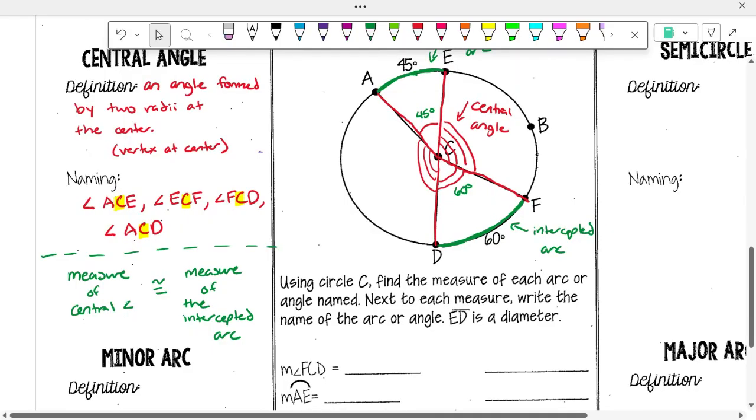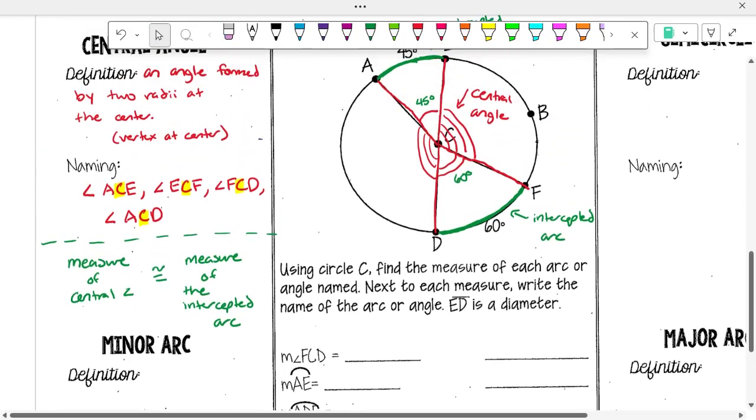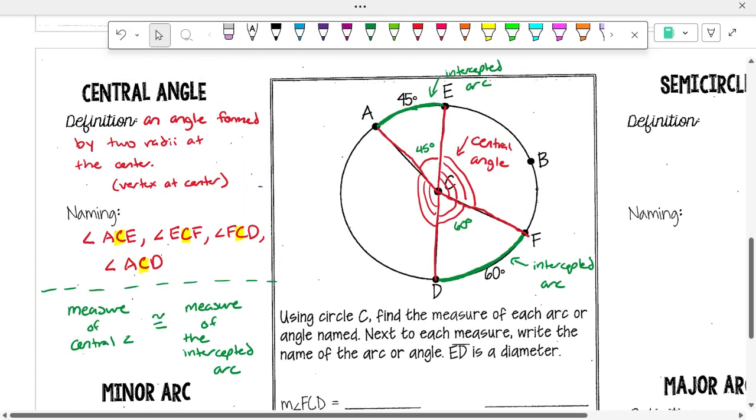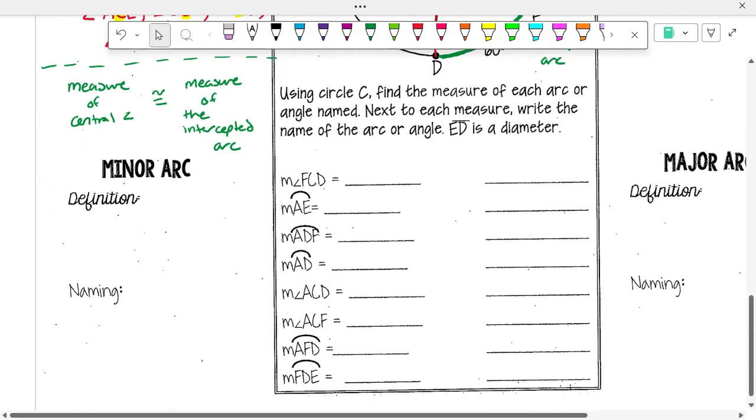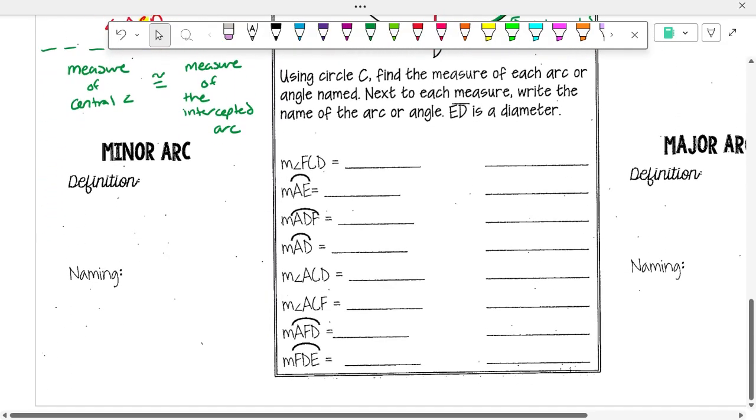Now, we then have what is called a minor arc. There are 2 main types of arcs: minor arcs and major arcs.